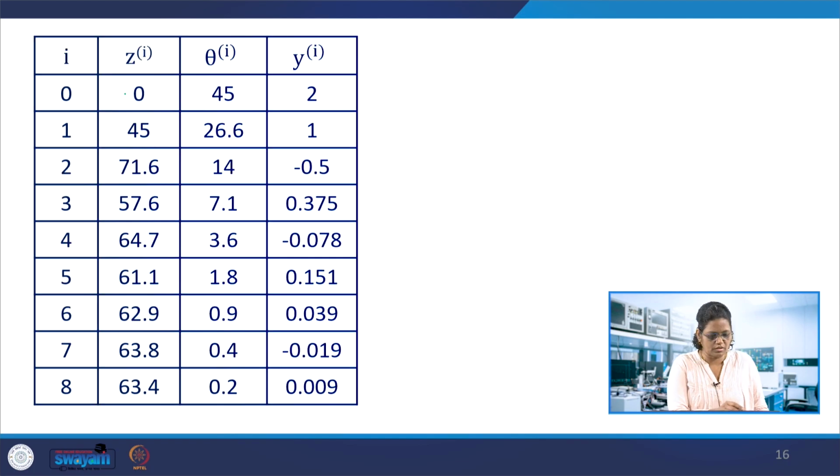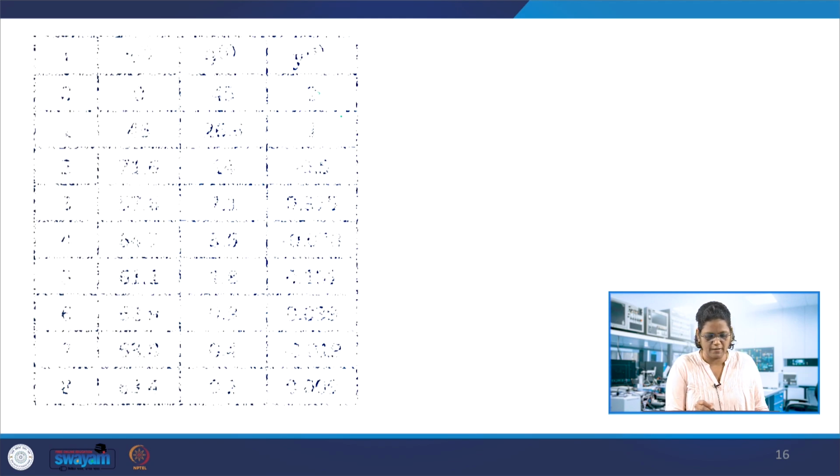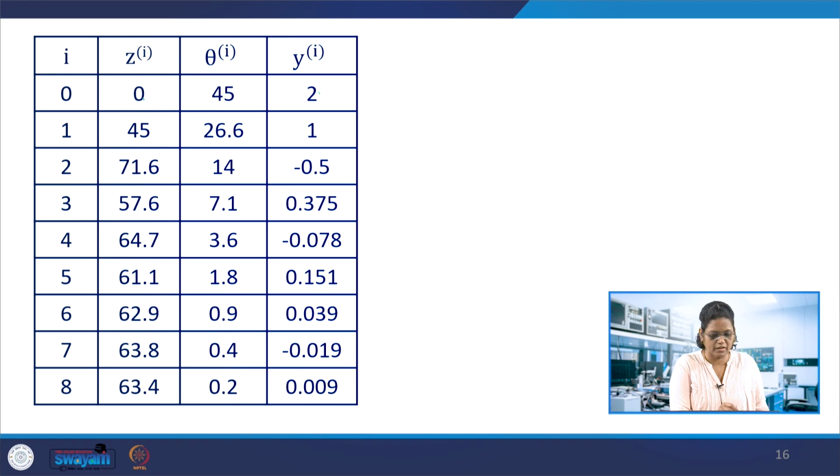So here, using the vectoring mode, we can have this z computed, 63.4, as i is varying. Theta initially is 45, and then yi comes from the previous equations, and theta i and z start from 0.